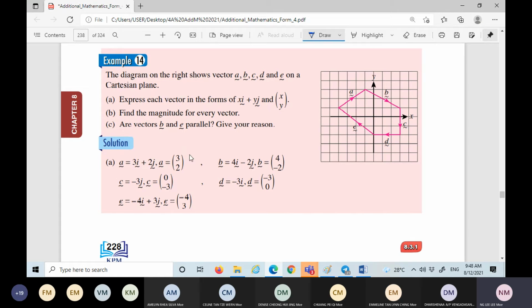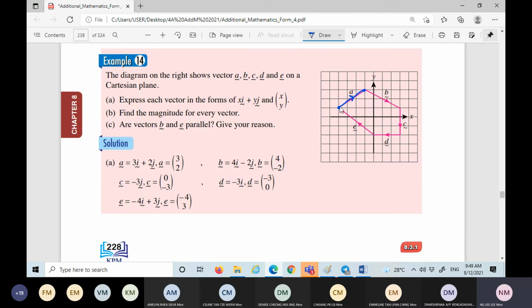This is not related to the origin. For vector A, from here go to here, you have to go in the positive or negative x direction, how many units, and then in the positive or negative y direction, how many units.